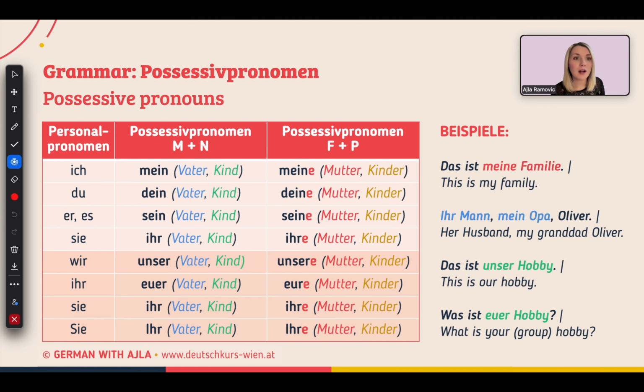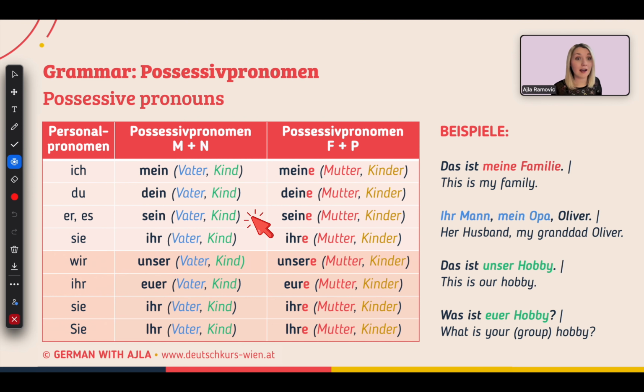Let's assume we are talking about a man that we know and we are speaking about his family. So we are saying this is his father and his child and his mother and his children and so on. In German, we would say, das ist sein Vater und das ist sein Kind, meaning this is his father and this is his child.